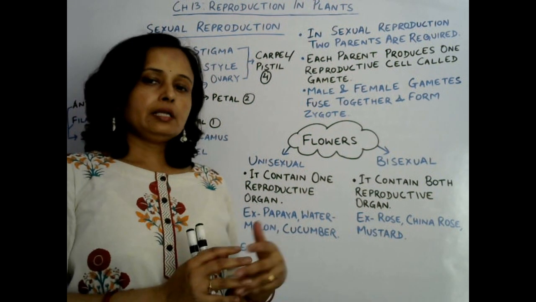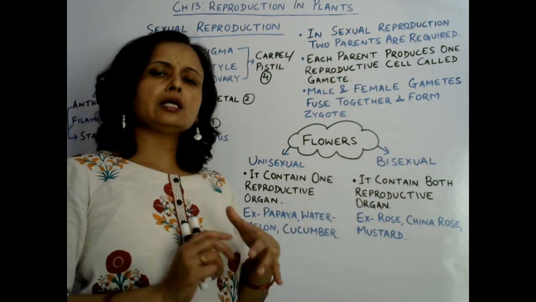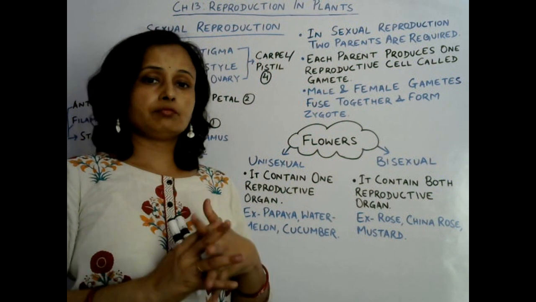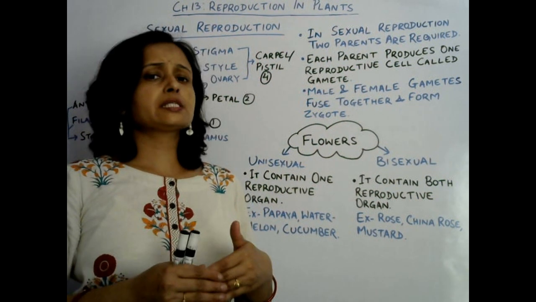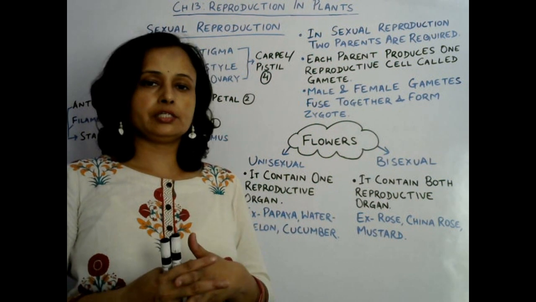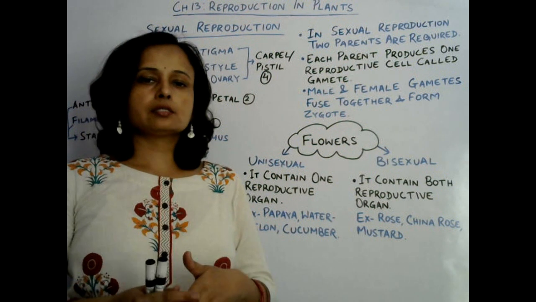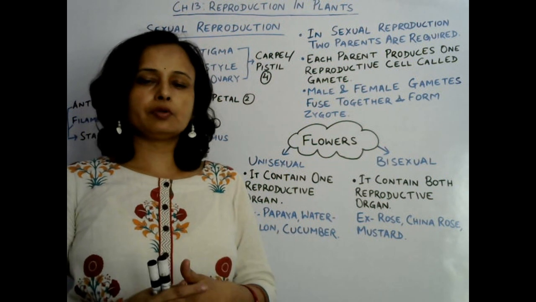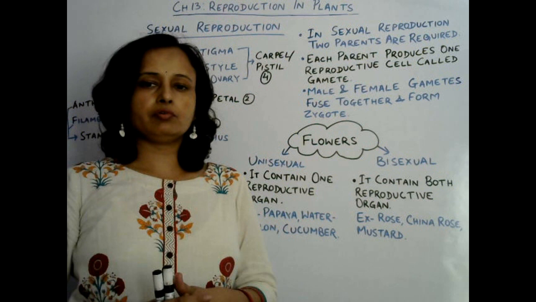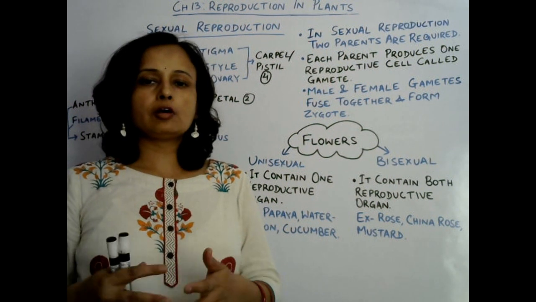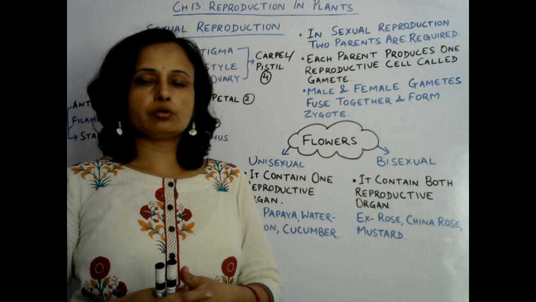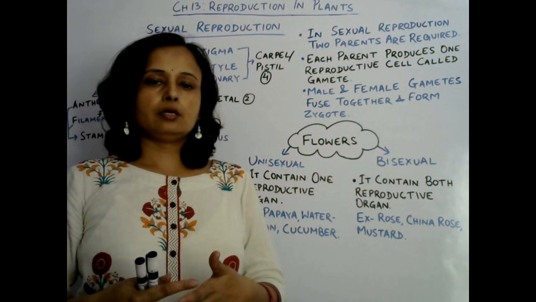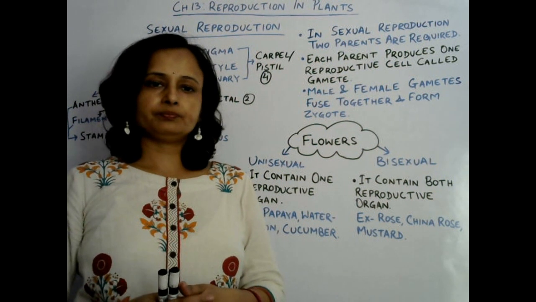But in a bisexual flower, both organs are found in a single flower, so pollination can take place within the same flower. In this way pollination takes place in flowers. We'll discuss more about pollination and fertilization in the next episode.